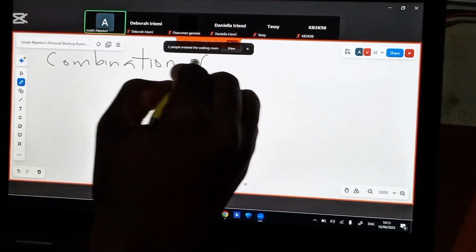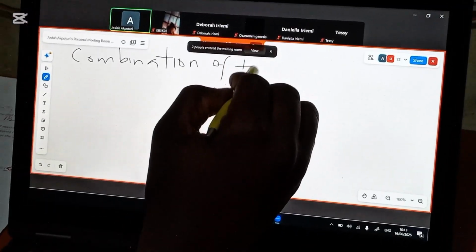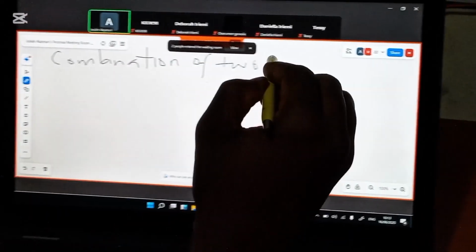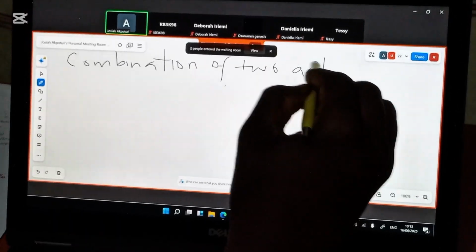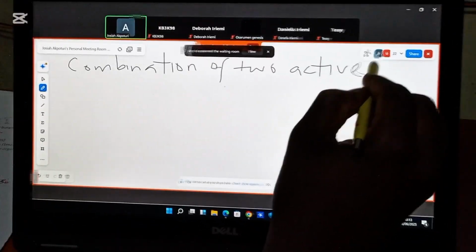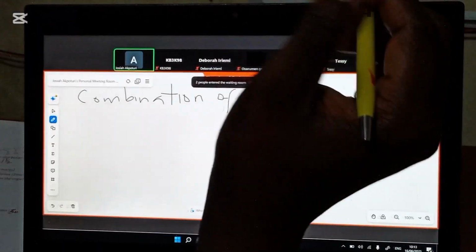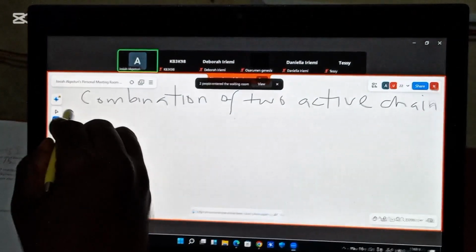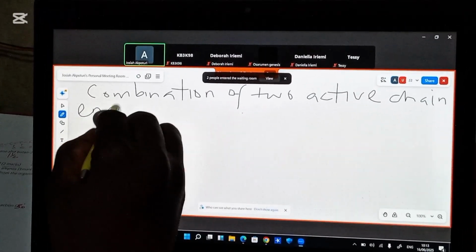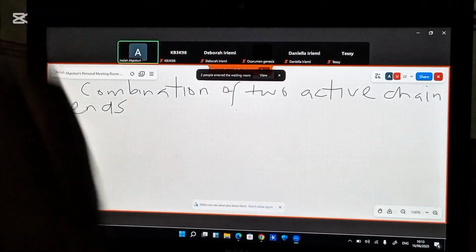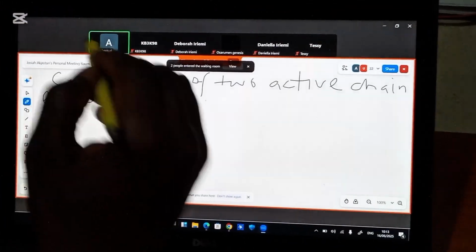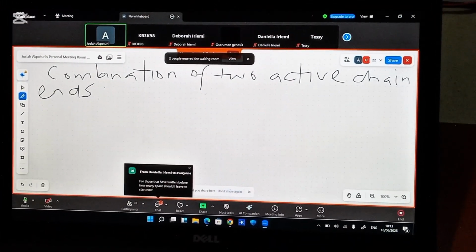It's on the board. Combination of two active chain ends.